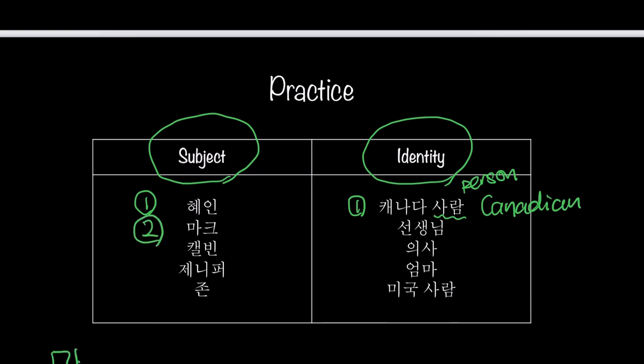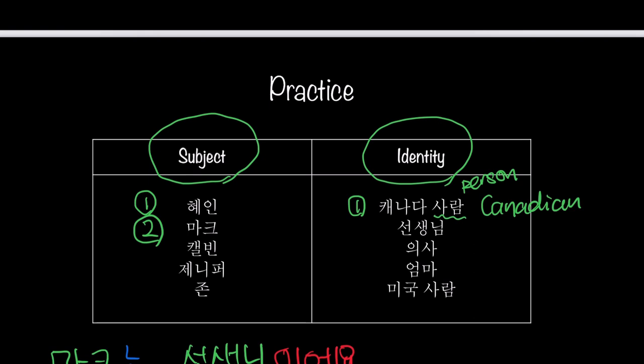Does 마크 end in a consonant or vowel? Vowel. So we're going to use the subject particle 는, and his identity, does it end in a consonant or vowel? It ends in a consonant. So we're going to say 선생님이에요.